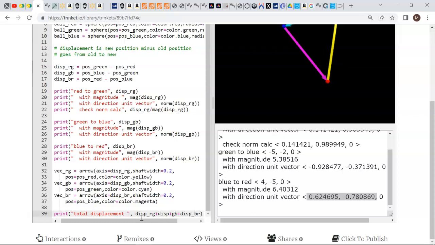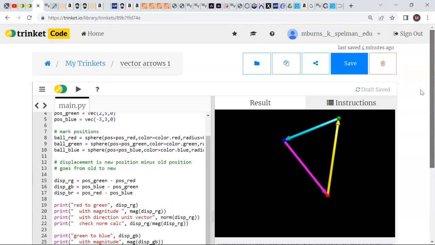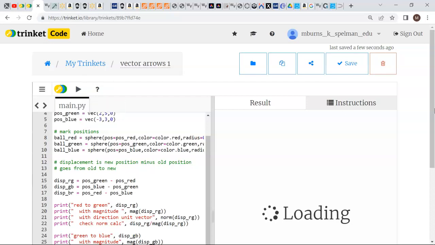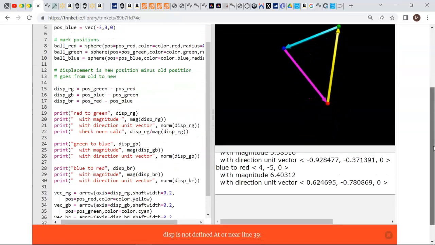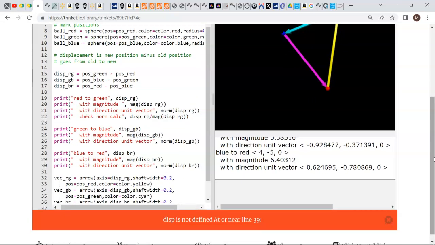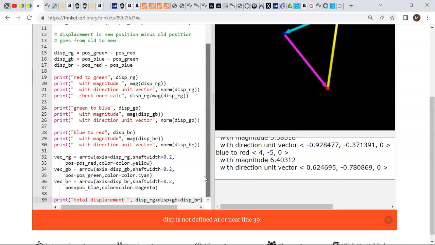Think for a second what the result of that should be. What is my total displacement here, from the very beginning to the very end? Looks like I made a mistake here. Yes, put displacement plus GB.